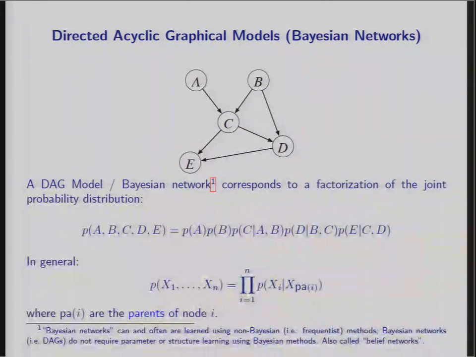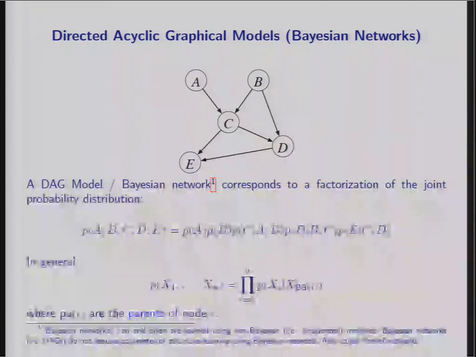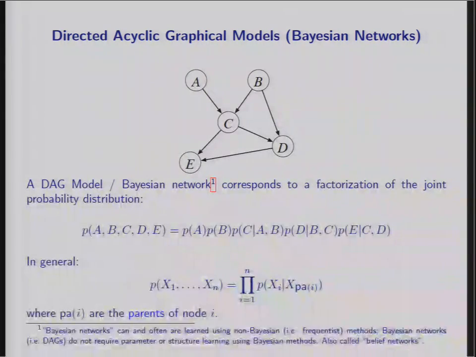These directed graphs correspond to a particular factorization of the joint probability distribution over the variables. So for example, this graph here corresponds to the factorization of this joint distribution into the probability of A times the probability of B times C given A and B, etc. Where in general what we have is that the joint distribution is a product of the probabilities of each variable given its parents in the graph.